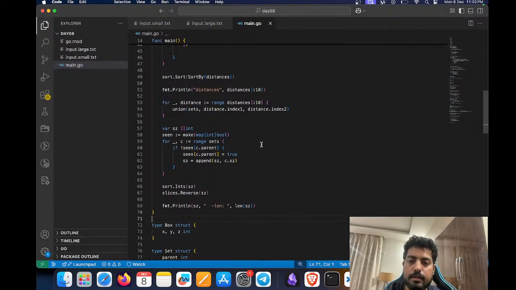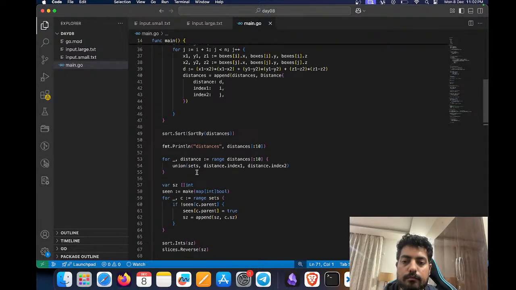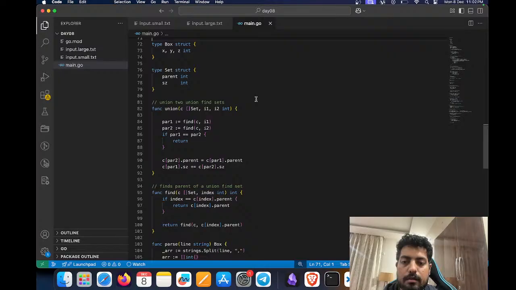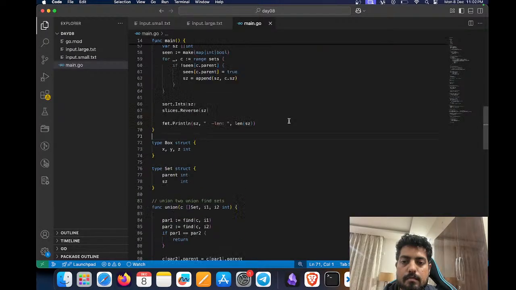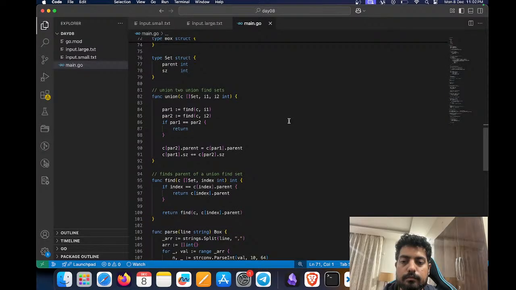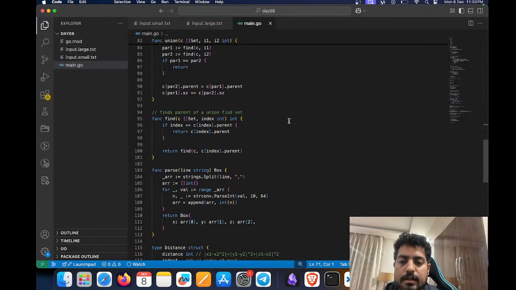After making the 10 shortest connections, now we have these sets and we have these indexes. Why is this not working?